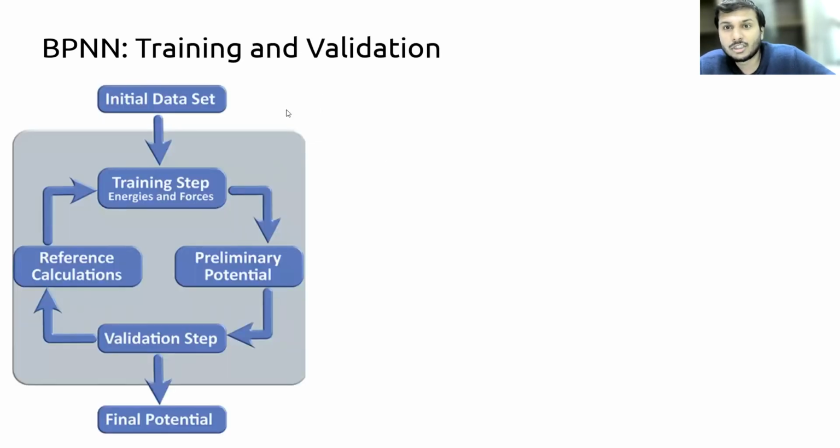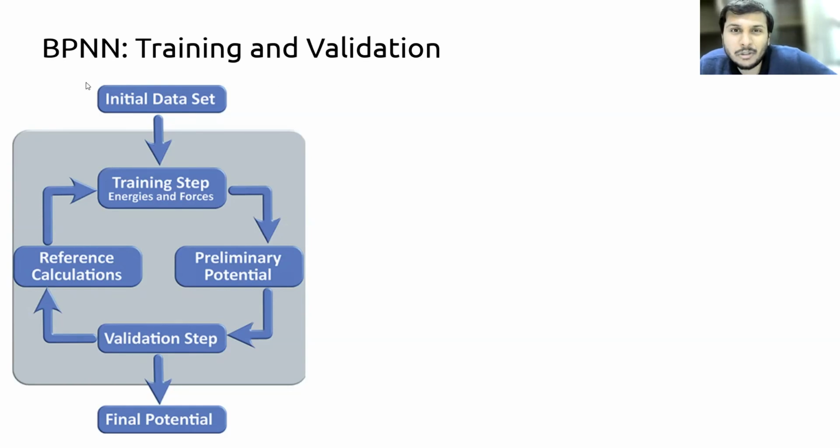Okay. So the next bit is actually training and validating your model. And the idea here is that in most cases, you have to train in an iterative manner, because it's very hard to get a data set which has all the required complexity to represent all the environments that you would like to see in an application.